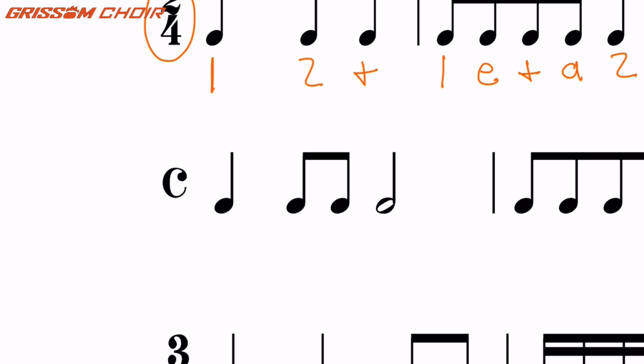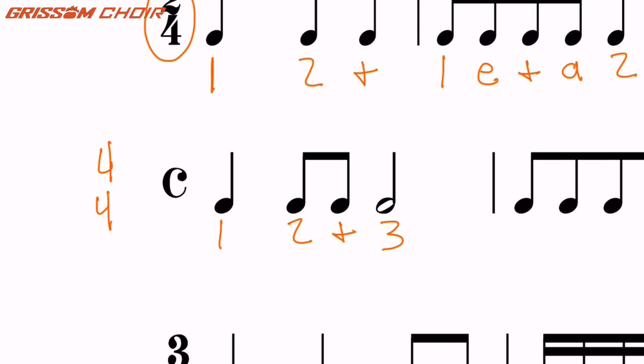The time signature is C. That C stands for common time, and as singers, the most common time that we will sing in will be 4/4 time signature. So we treat this example as 4/4 time signature. This would be 1, 2, and 3.